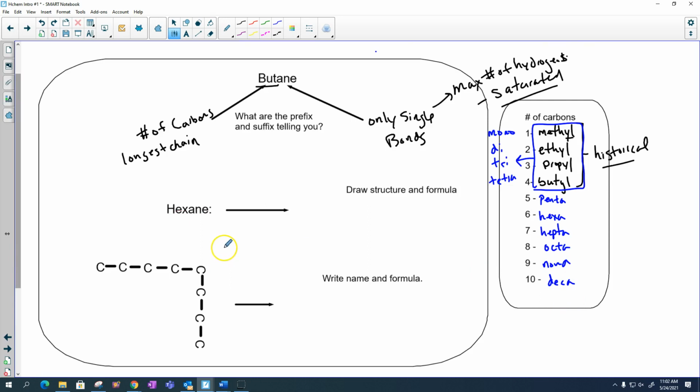Okay, so hexane. Let's draw a structure of this thing. What does hex mean? Hex means the longest continuous chain, 6 carbons. Now again, you should note that these little guys are like little strings, and this thing really turns and flops. These carbons spin. This thing is like a piece of spaghetti. Literally, if you were to take a bunch of long things like this and then dry them out, like get rid of the solvent so they couldn't move around, this is what you call like a varnish on top of wood.